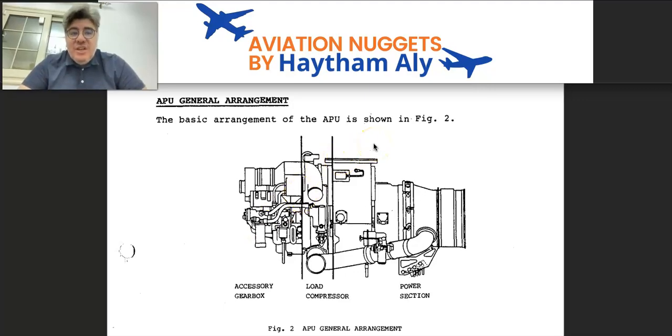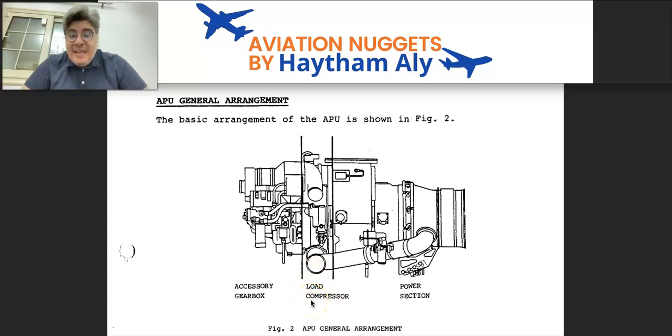Let's continue our session, everybody, regarding the APU. Yesterday, we spoke about the basic arrangement of the APU, and we said that the APU has 3 main modules. The power section is a small gas turbine engine that provides mechanical shaft power to rotate the load compressor to supply the aircraft with bleed load demand.